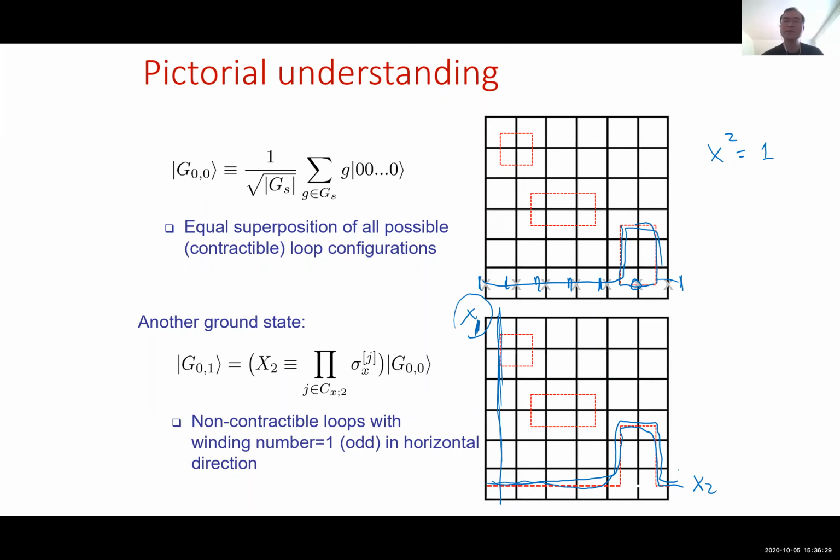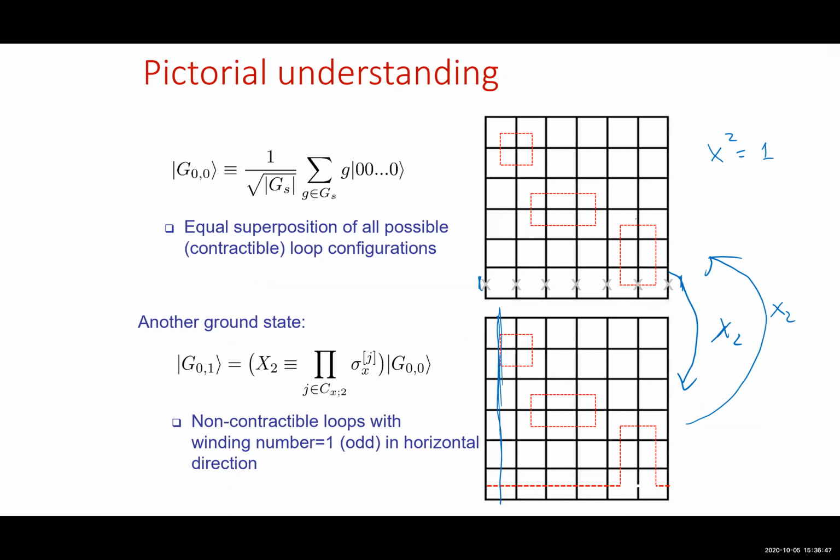No, it would just flip that back, right? You apply X2 again, you take it back. But if you look at the configuration, if we apply X2 in another place, that would give 2 loops.